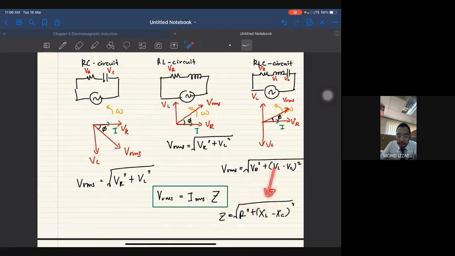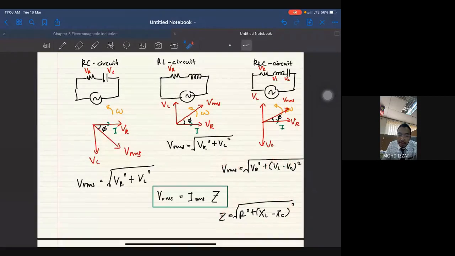Okay, how they derive it? V equals to IR, V equals to IXL, V equals to IXC. Because all of these I have the same value because it is a series, so you can cancel out all the I. So tinggallah yang bawah ni.